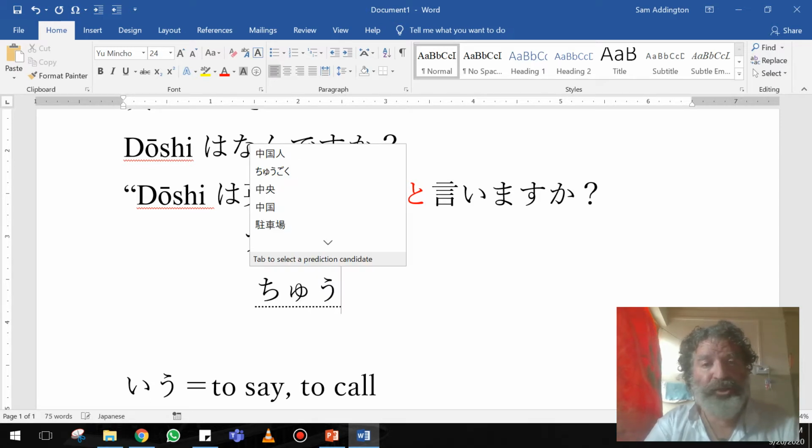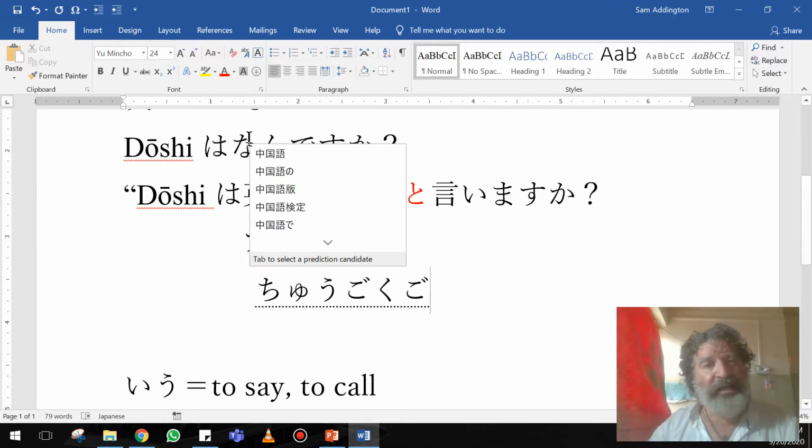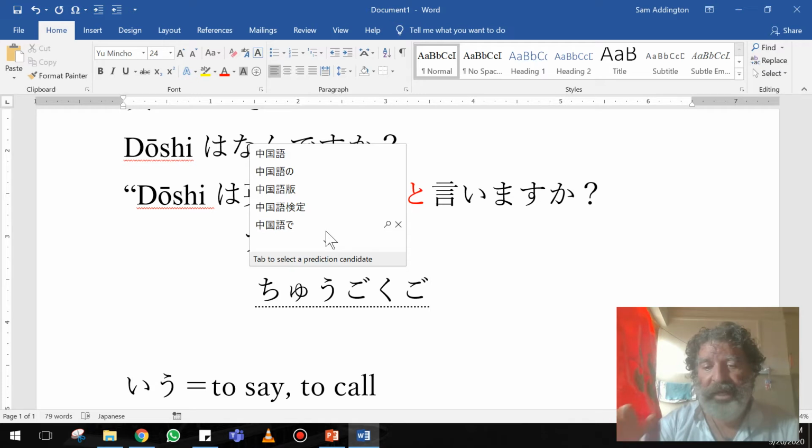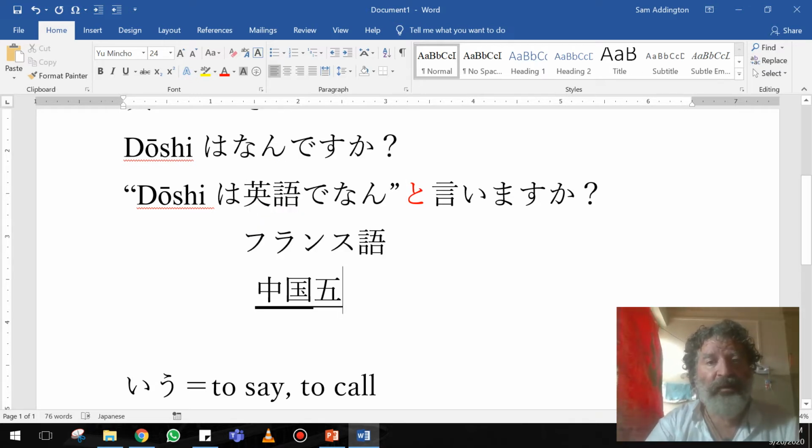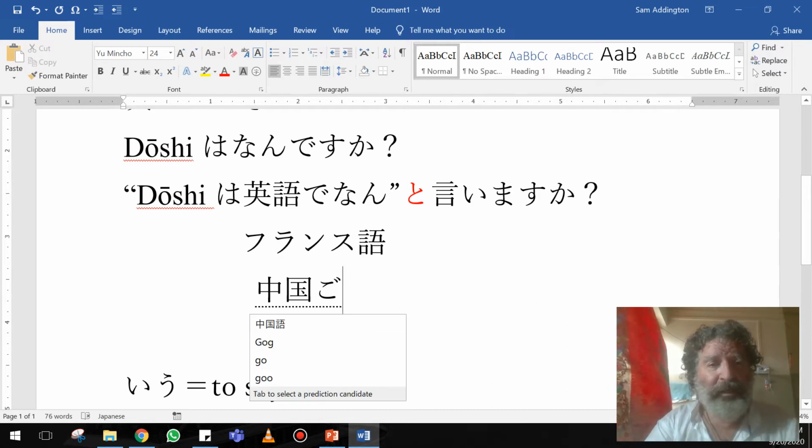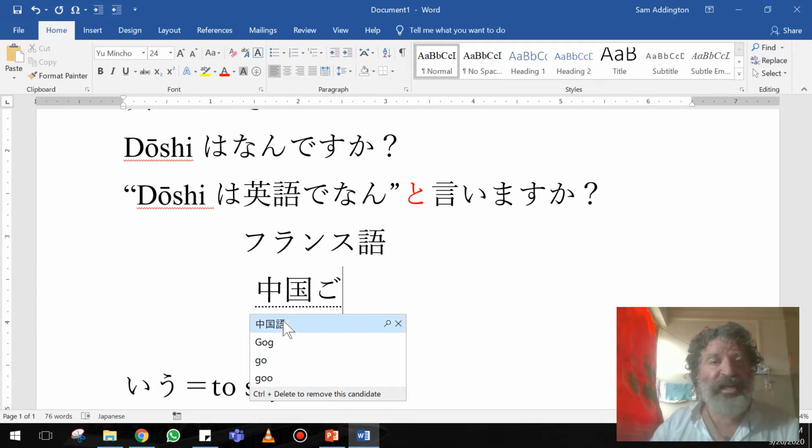Chugoku-go. And look, all of my candidates are there. I'm going to hit the space bar and, oh no. How did that happen? I can also use my mouse to select the first candidate.